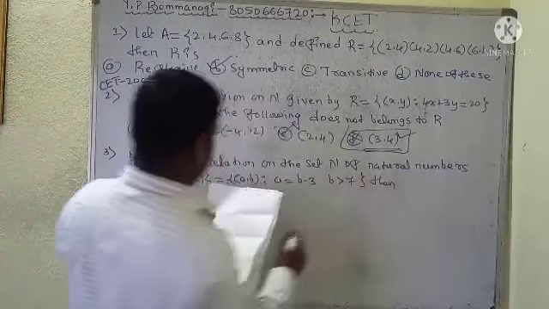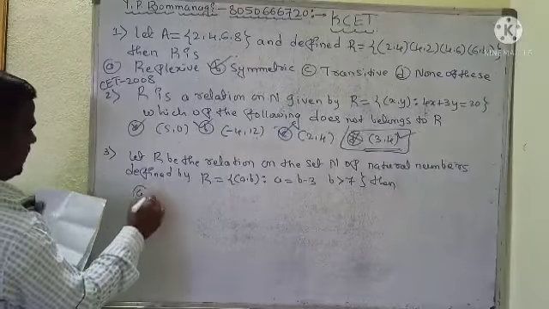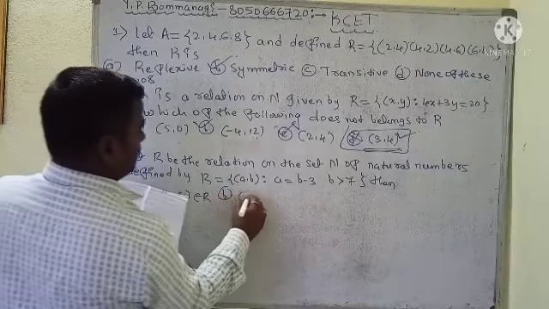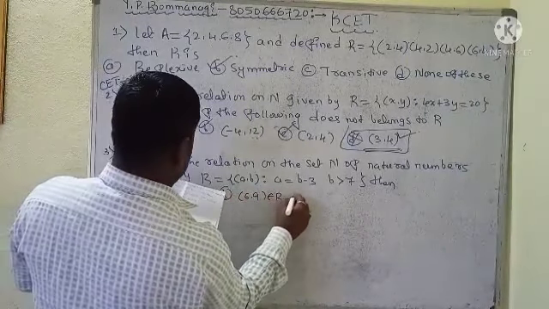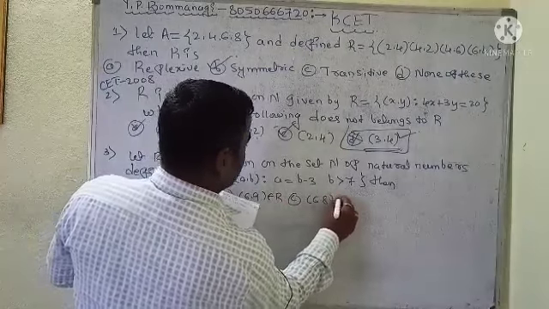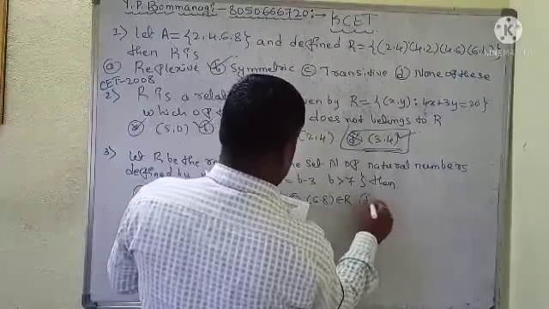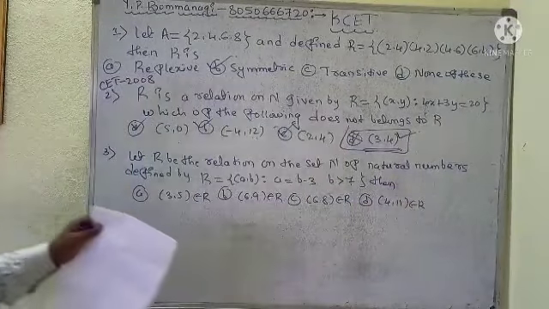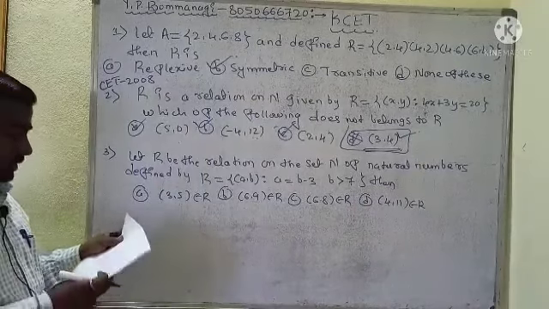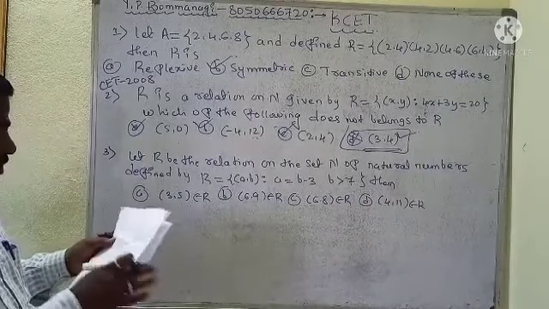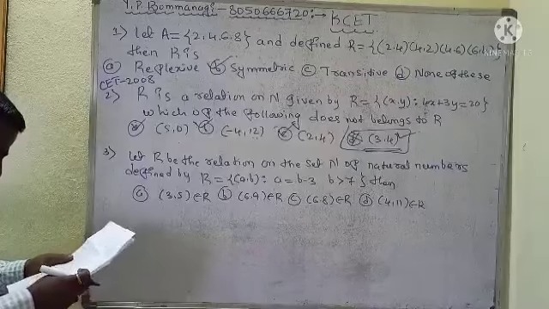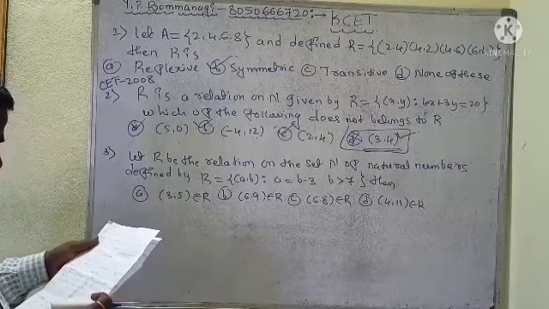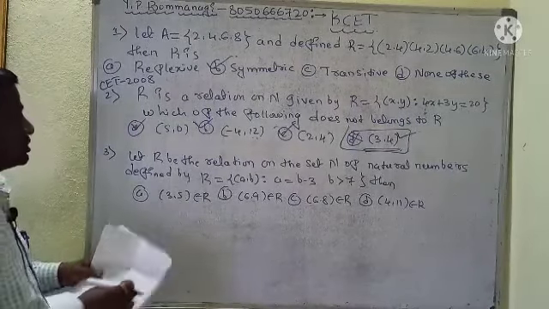Then the condition is: A, (3, 5); B, (6, 9) belongs to R; C, (6, 8) belongs to R; D, (4, 11) belongs to R. Keep observing, very important concept. On these values we are going to find the equations, and look at how they take it.